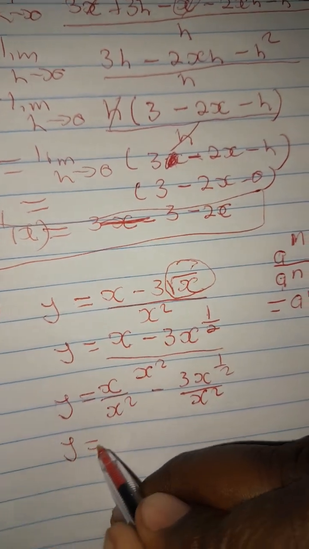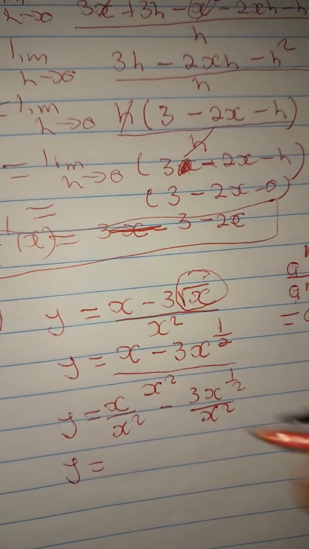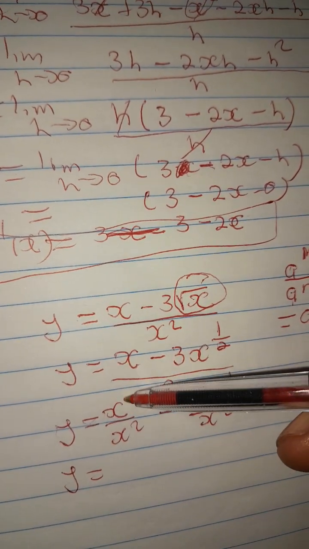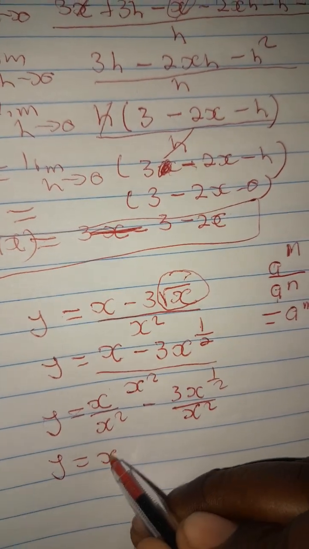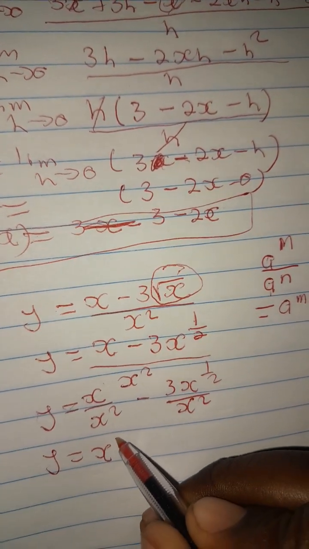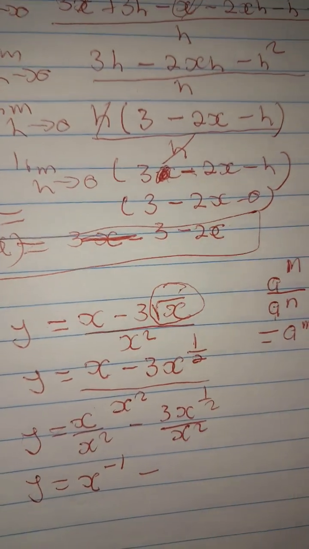So that's the law that will apply even here. When you divide here, the bases are the same, then we subtract. We have a power of 1 here, so in other words, it's going to be 1 minus 2, which is negative 1. Okay, then let's work out this part.